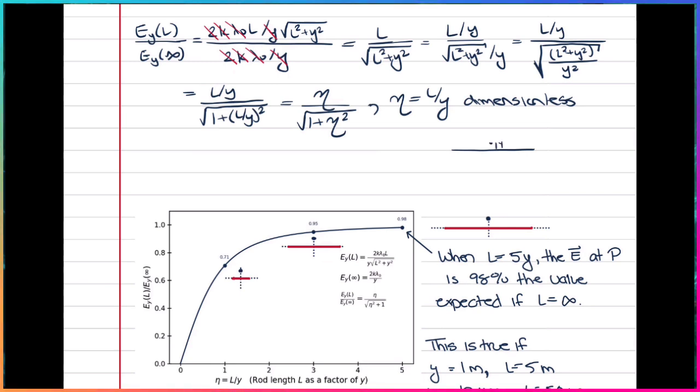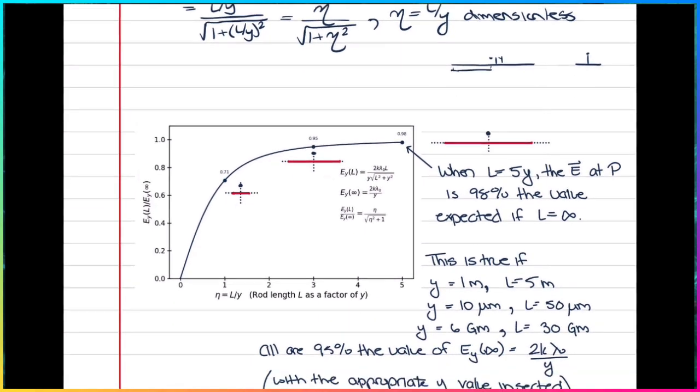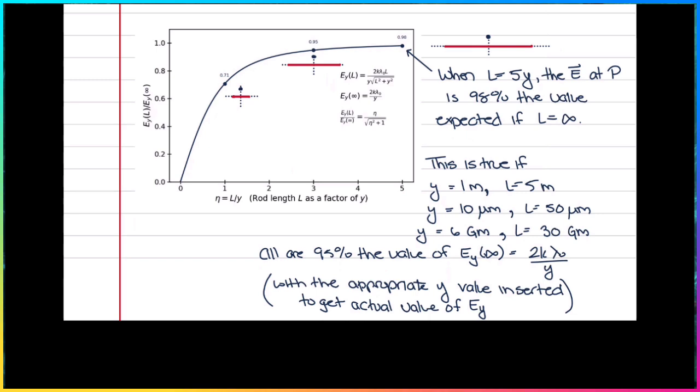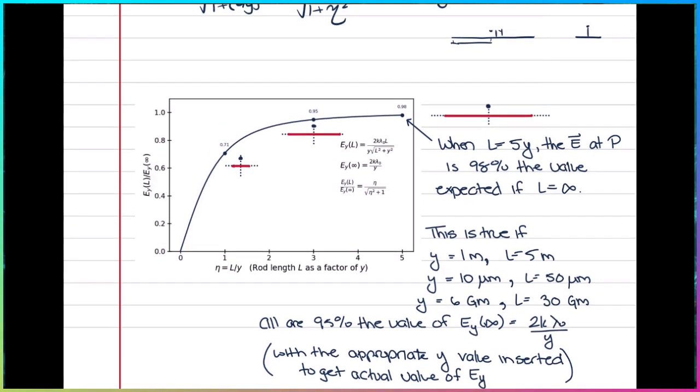This is y, right? This is L much bigger than y, versus this is the rod and this is y. In this case, L and y are comparable. I would not call that an infinite rod. So anyway, you could make this plot in terms of this eta factor I've created, L over y.